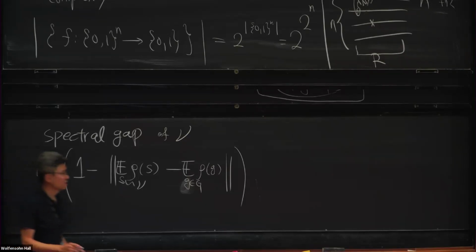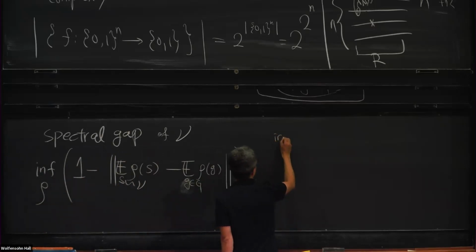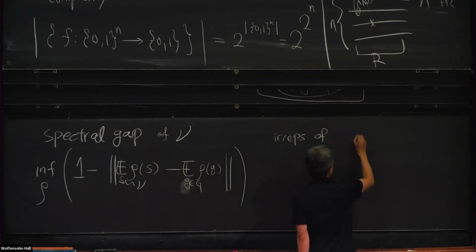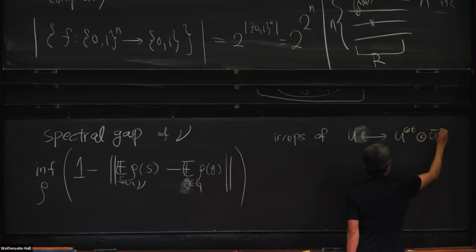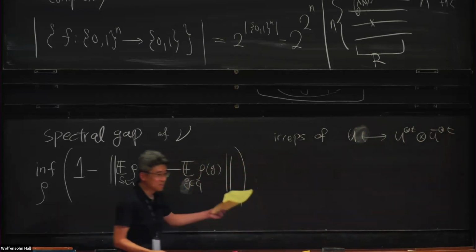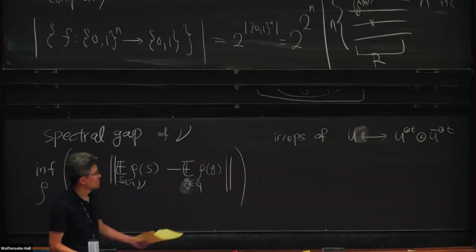So people implicitly have only focused on the irreps of the projective group.